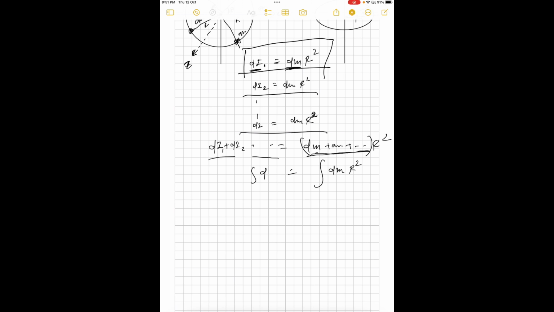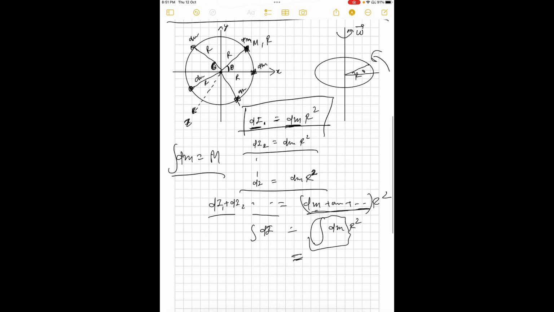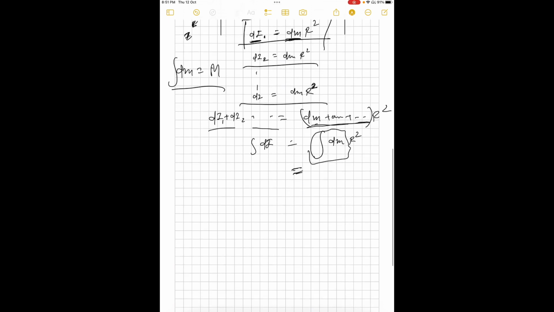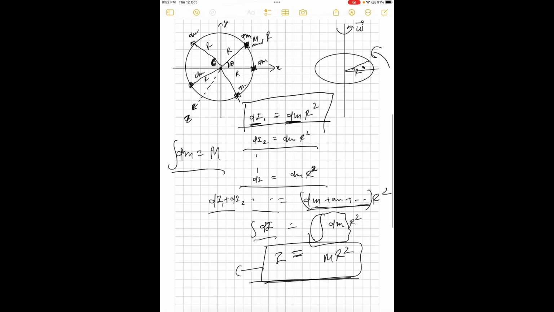Here it also becomes an integration, and the total dm is already given mass, so the integration of dm will give us this mass capital M that is already given. So M r square, and dI will give us I. This way we have got the moment of inertia of this ring.